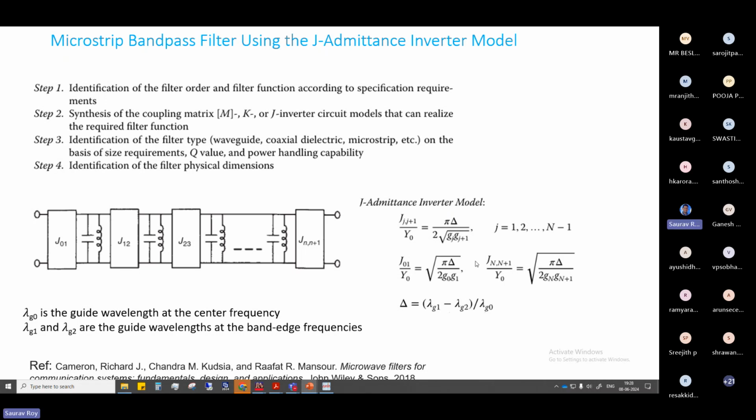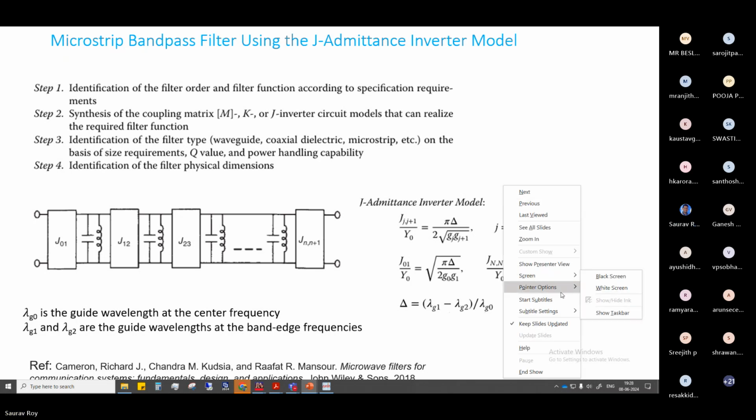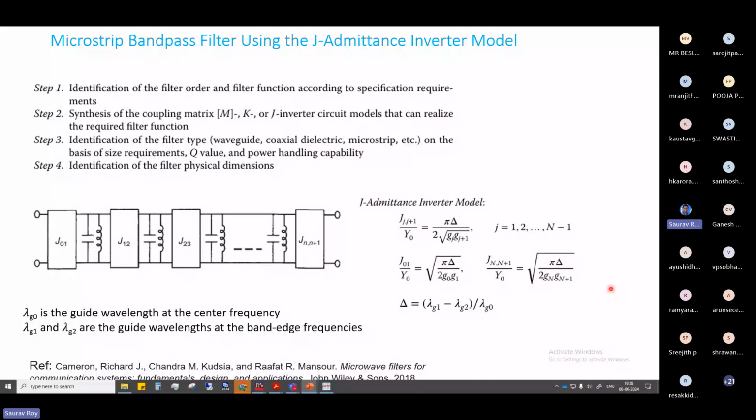Now the basic circuit equations are on the right side. These equations are very important. Basically, you have to solve these equations to finally come to your physical dimensions for bandpass filter calculation.